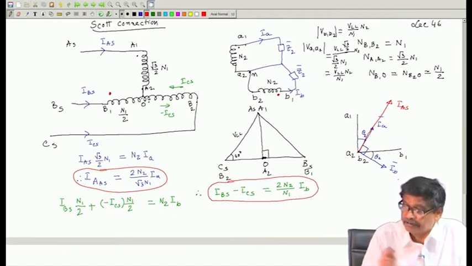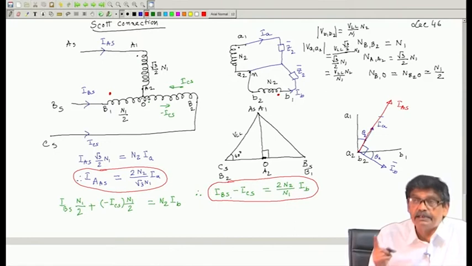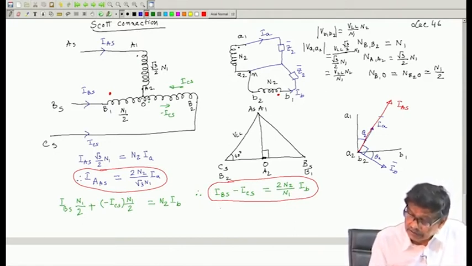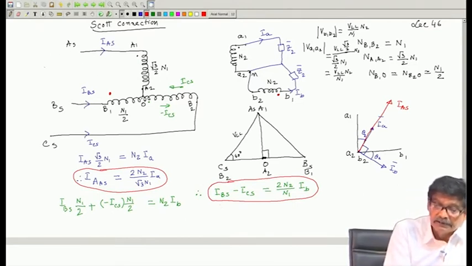So, I require another equation. What is the other equation? On this side, we know I_AS plus I_BS plus I_CS, the phasor sum is equal to 0.